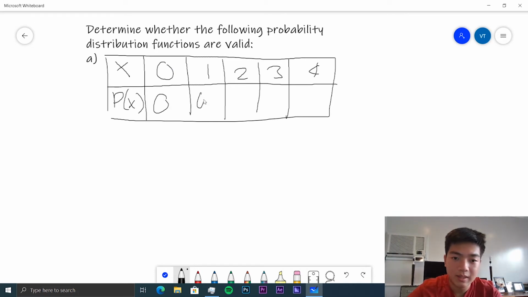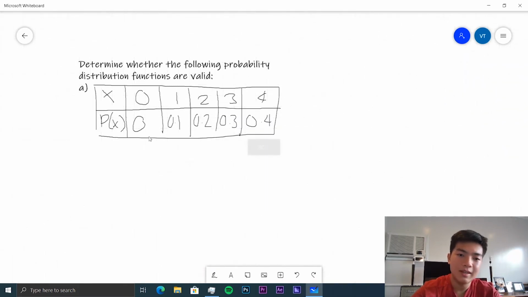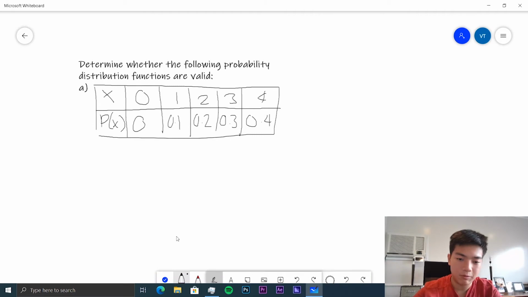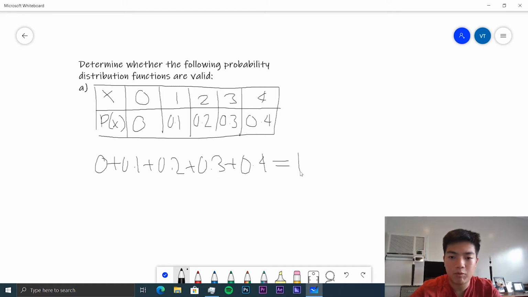The probabilities are 0, 0.1, 0.2, 0.3, and 0.4. To check whether this probability distribution function is valid, we need to make sure that the sum of all the probabilities is equal to 1. In this case, 0 plus 0.1 plus 0.2 plus 0.3 plus 0.4 does indeed equal 1, and so this probability function is indeed valid.